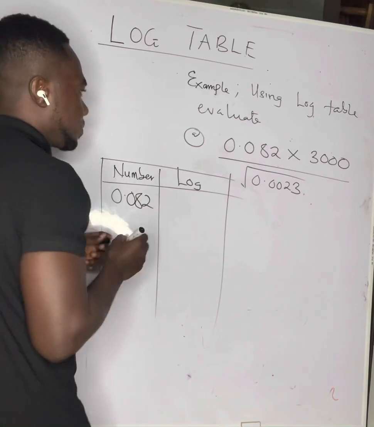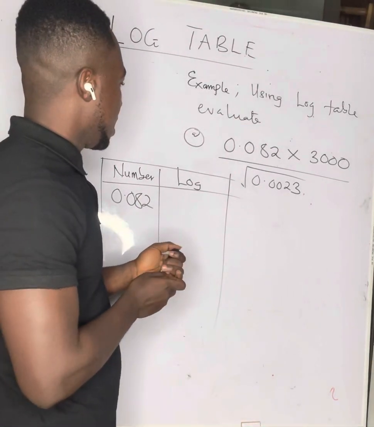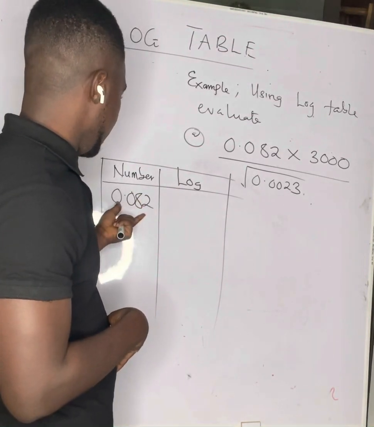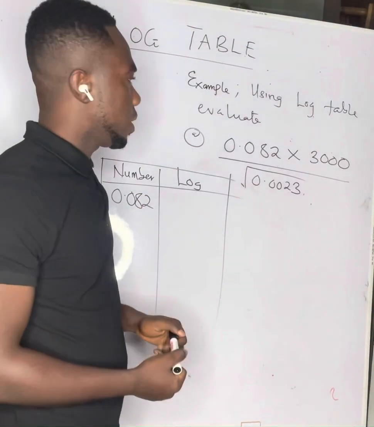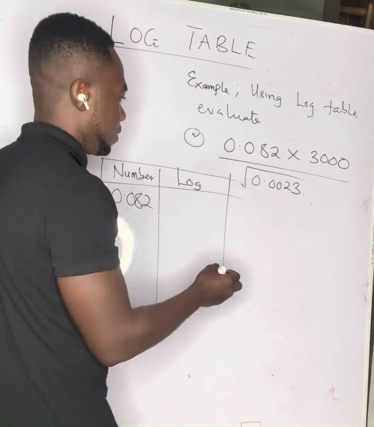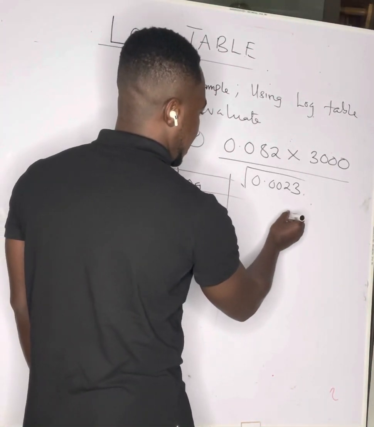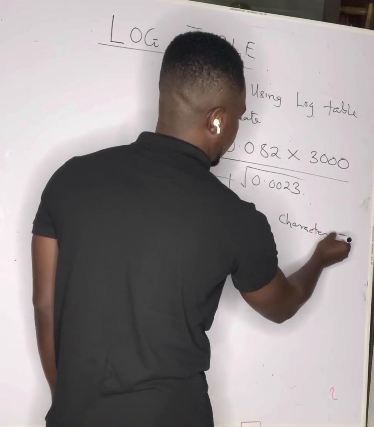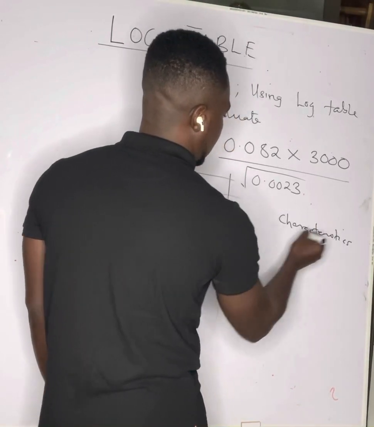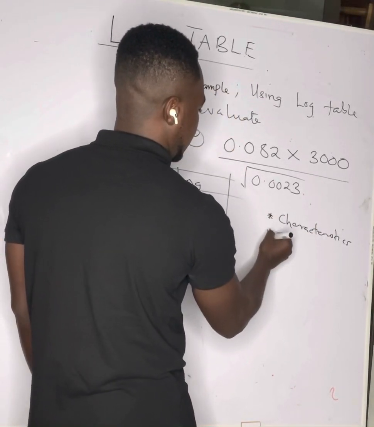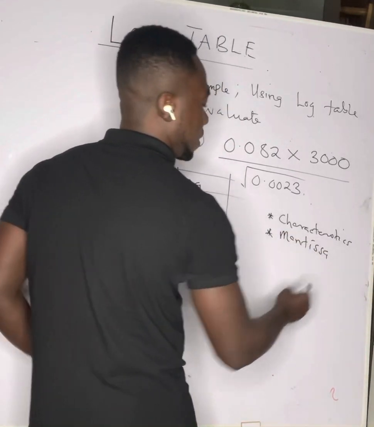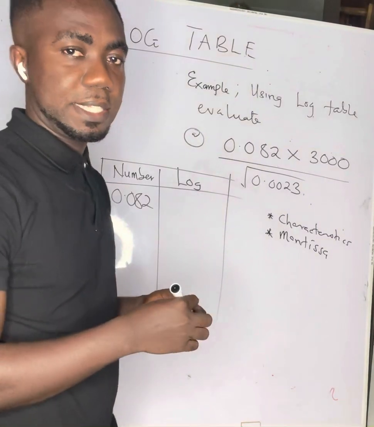Now, to use log table to find the log of 0.082, we have two terms that we use: the characteristics and then what we call the Mantissa. So the characteristics and then the Mantissa.